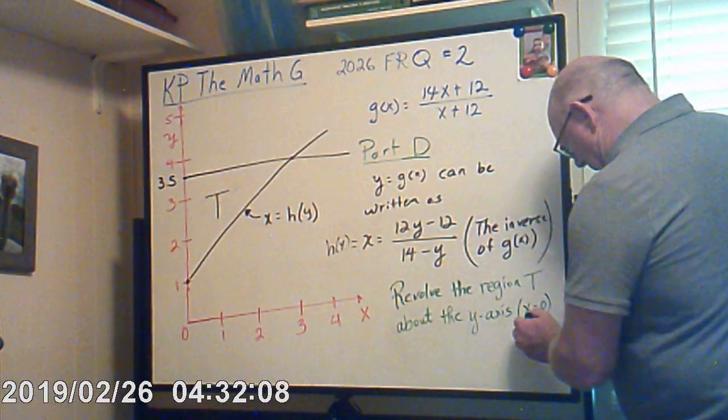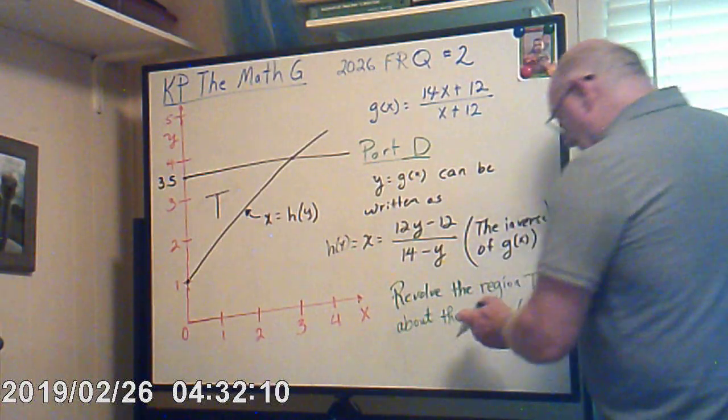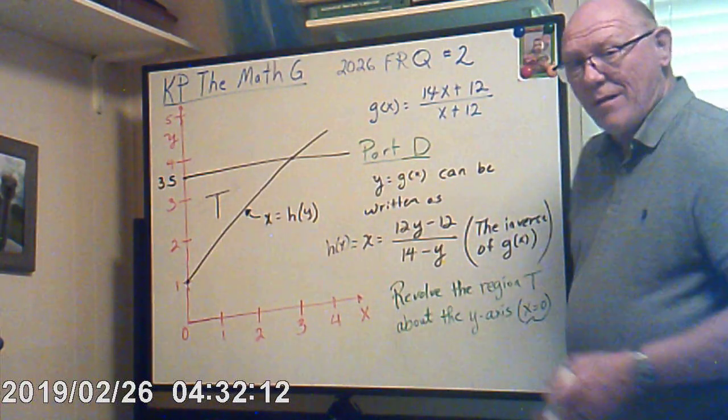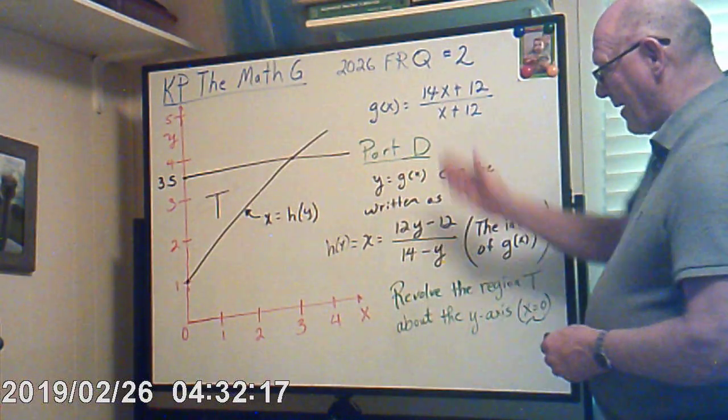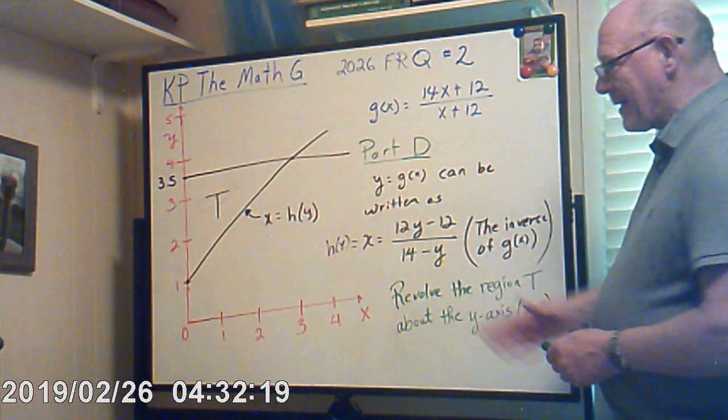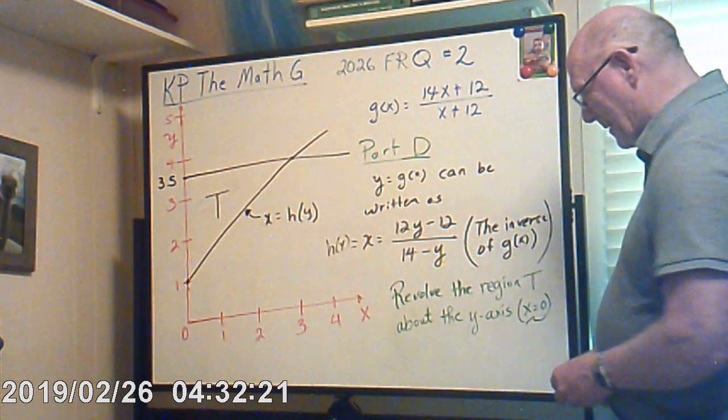You have to be familiar that sometimes if they say about x equals 0, that is the y-axis. Sometimes students miss that and try to revolve that about the x-axis. X equals 0 is the y-axis.